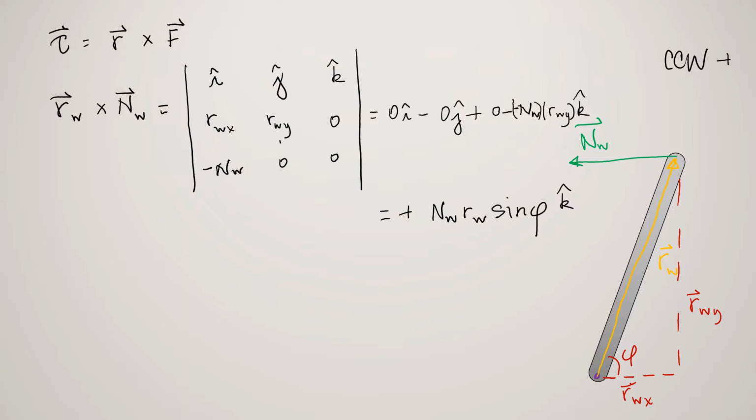And we can do the same thing with the other vectors that we have there. So we had the friction with the wall. And if we look at it, we see that we end up with a Y component only.